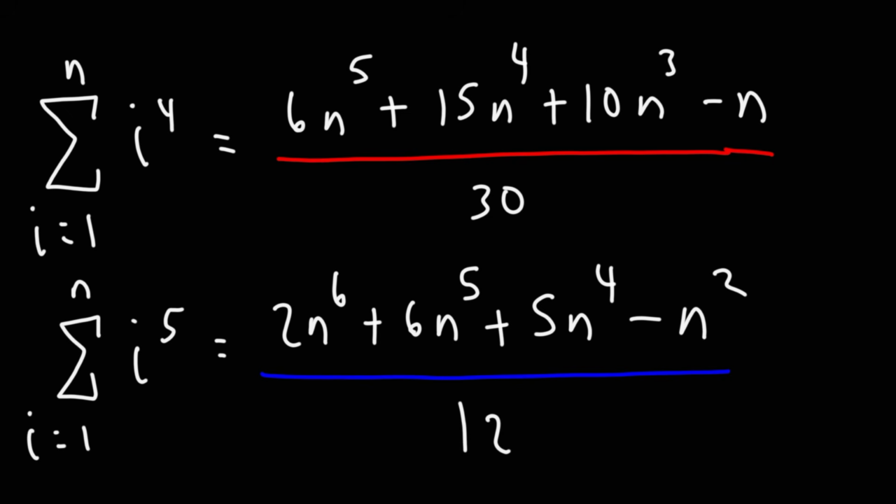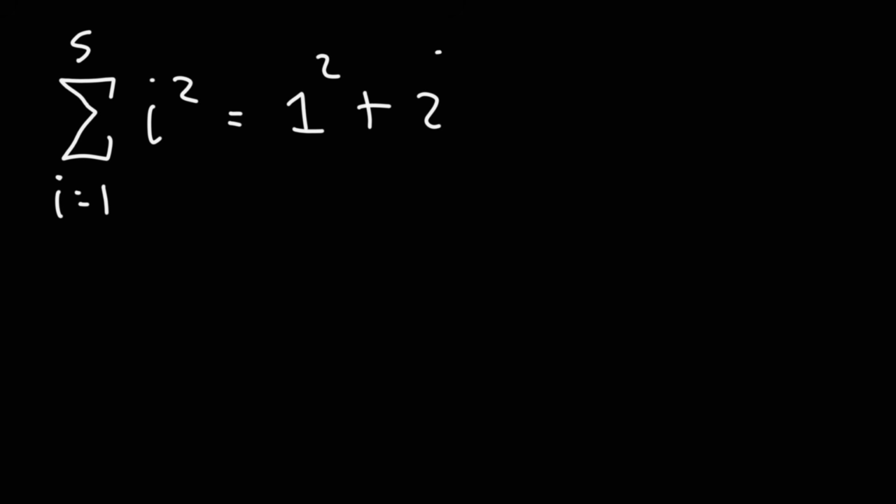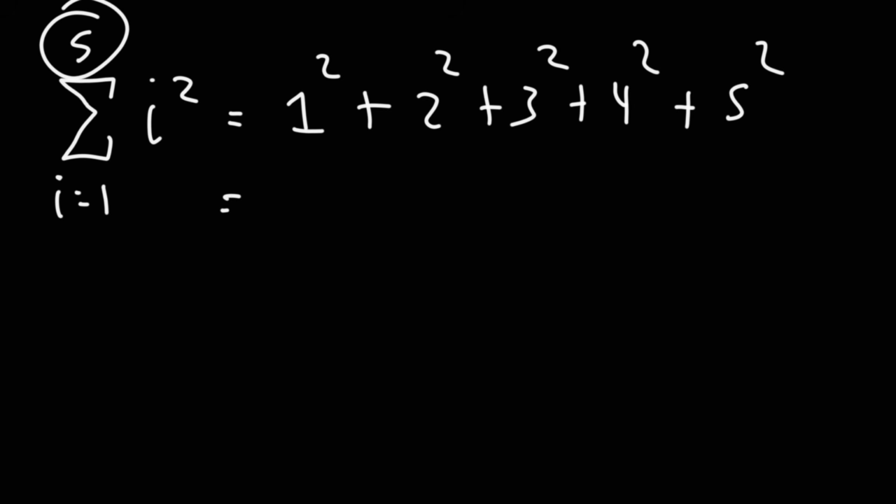So for those of you who want an example of how to use this, let's say we want to find the sum of i squared from i equals 1 to 5. So this is going to be 1 squared plus 2 squared plus 3 squared plus 4 squared plus 5 squared. Now if this were to go up to 100, it would take a long time to calculate. But going up to 5, we can do this mentally.